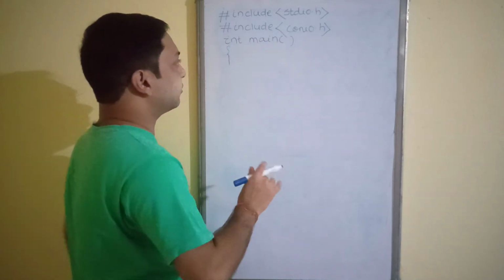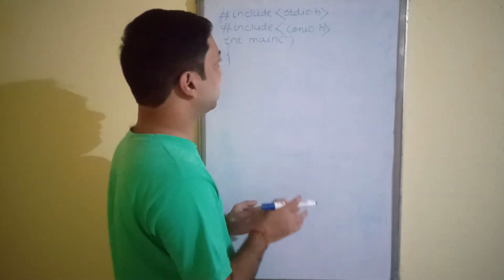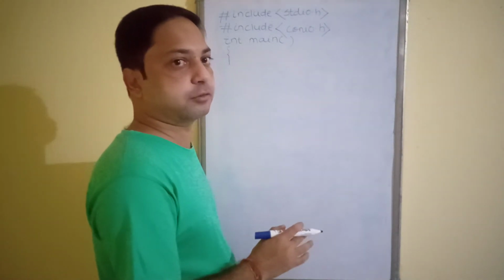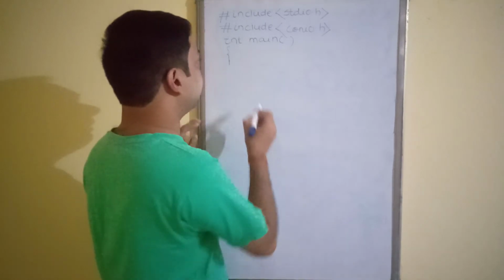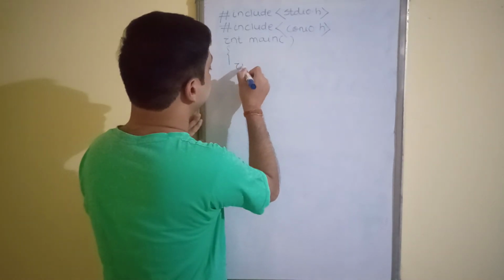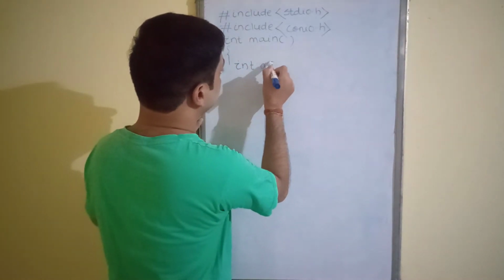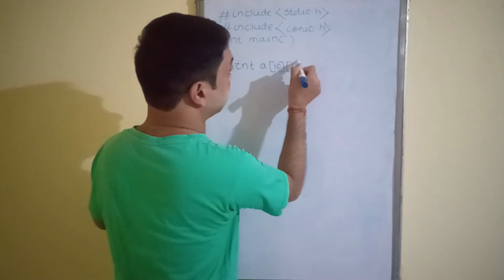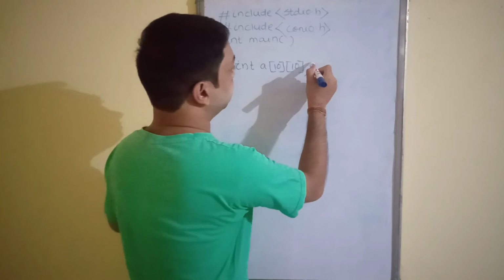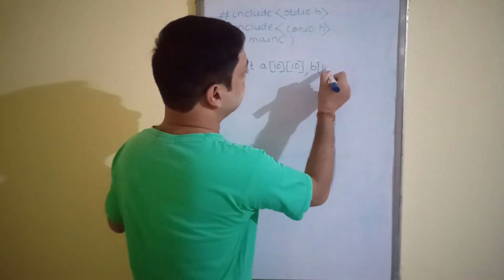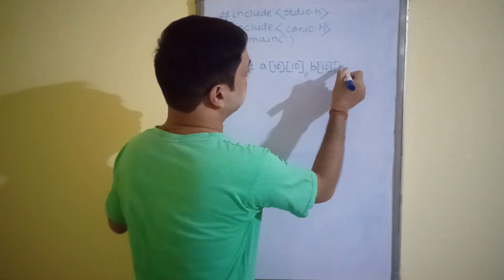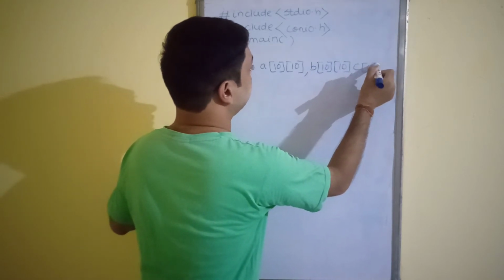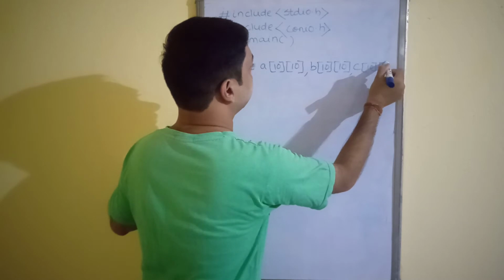So how many matrices do we require? To multiply two matrices, we require three different matrices. One matrix will store the result, another two matrices should be multiplied here. So let us declare three matrices. That is int A[10][10], B[10][10], and C[10][10]. These are the three matrices we require.